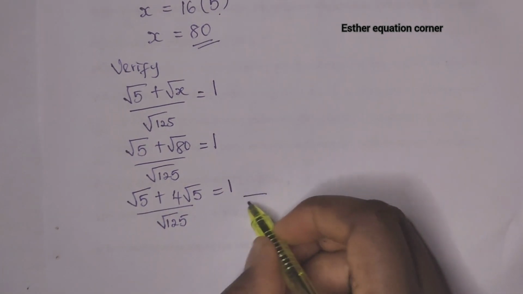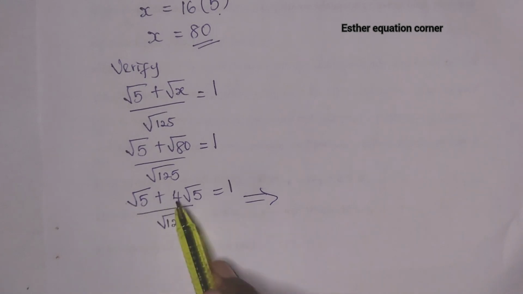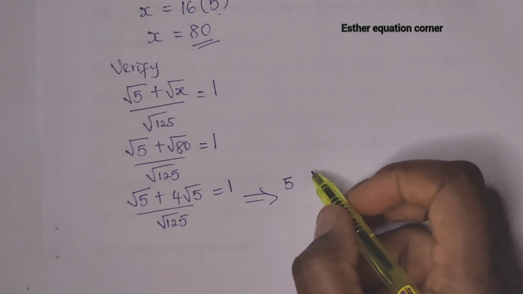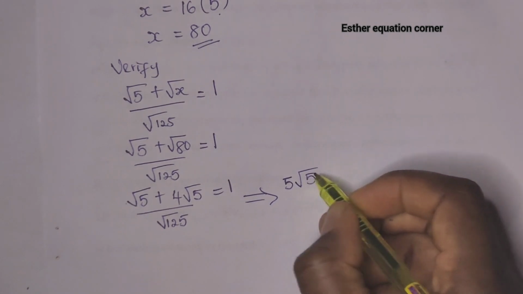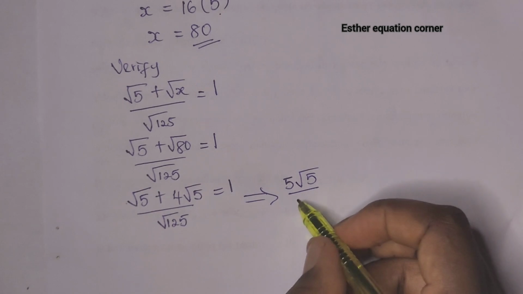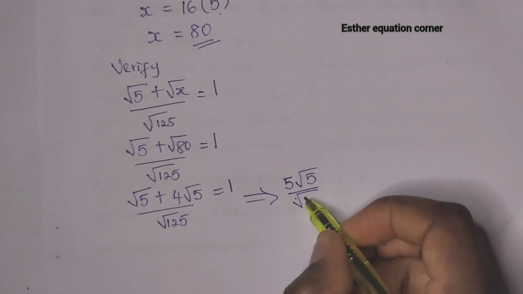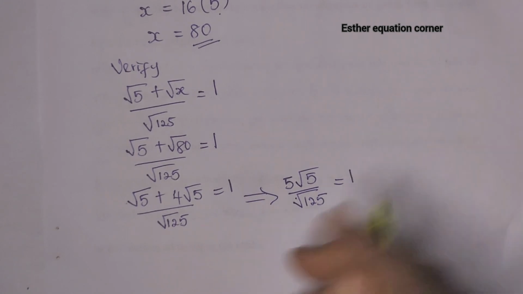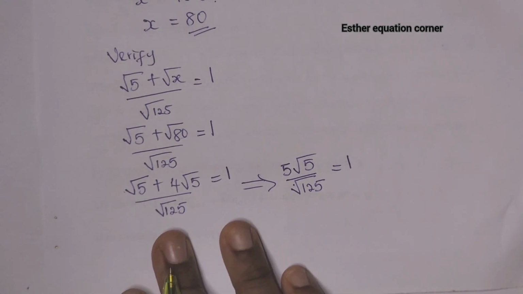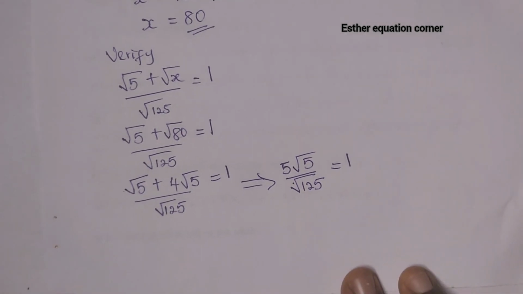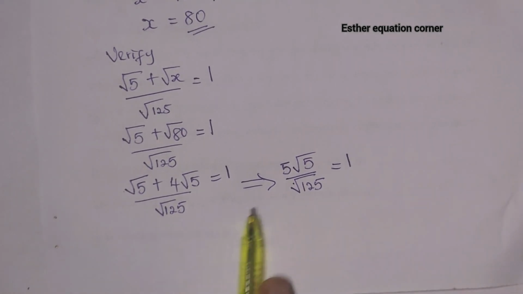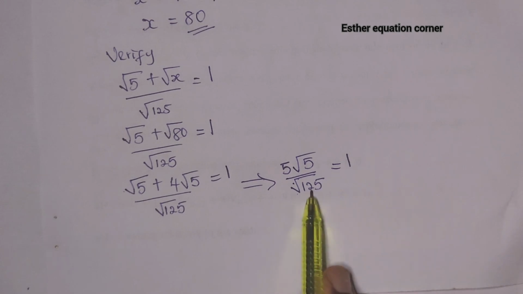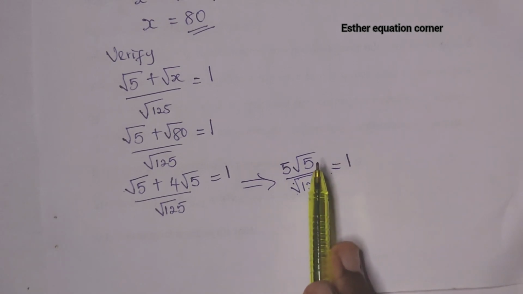So this is the same as 1 plus 4 is 5, 5 root 5 all over root 125, which is equal to 1. So this is 5 root 5 all over root 125 equal to 1.